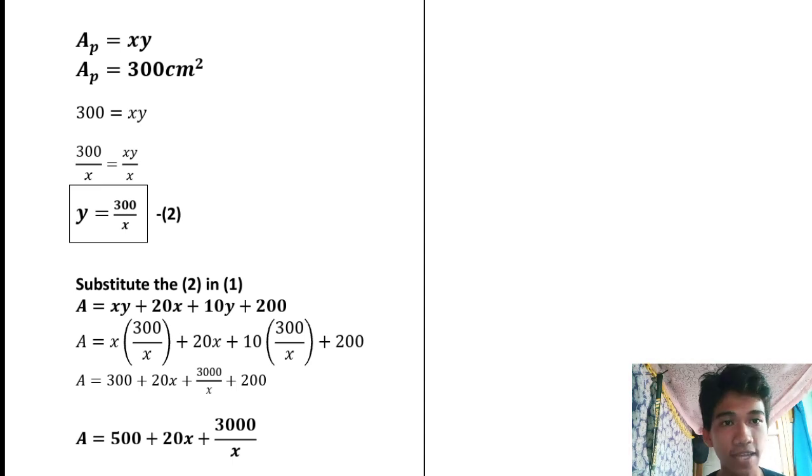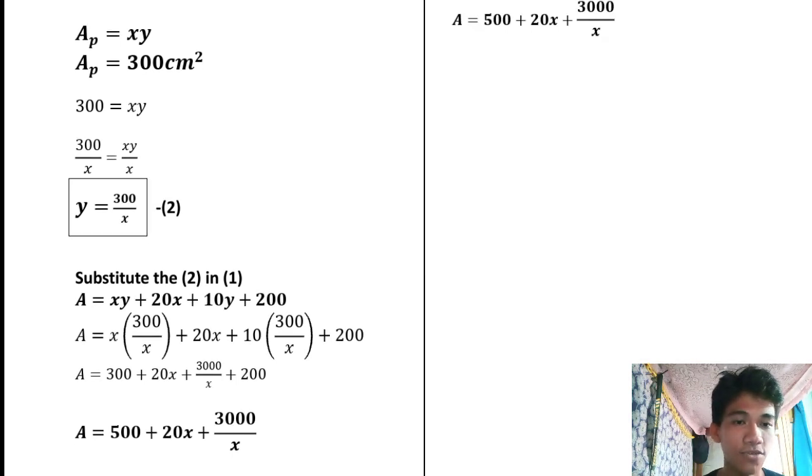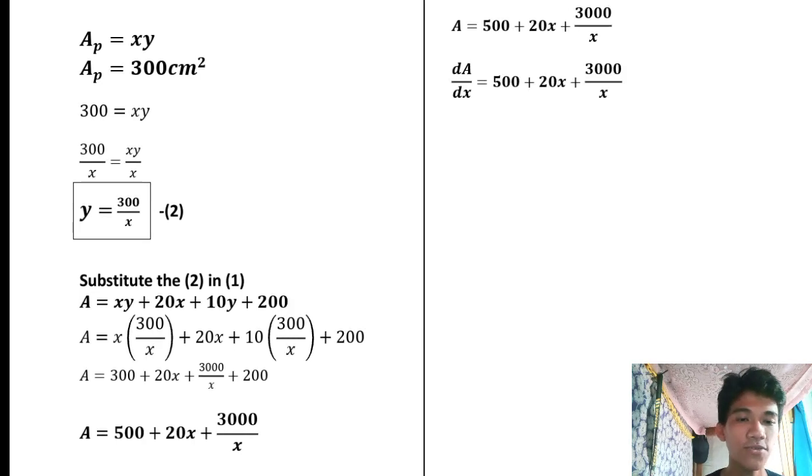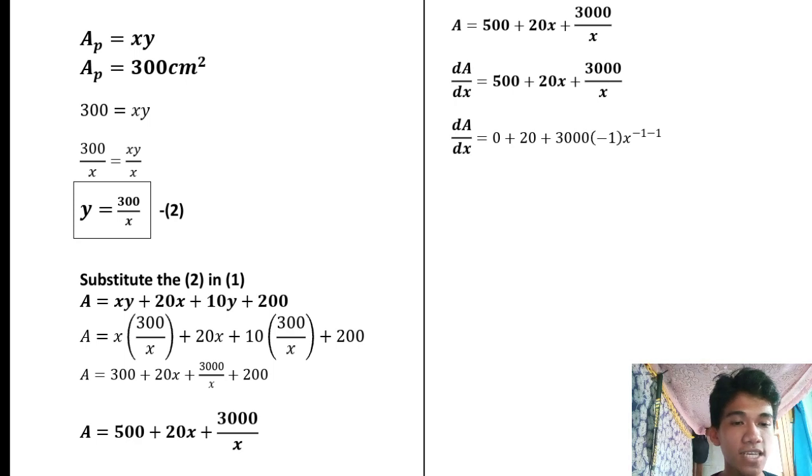After that, we derive this with respect to x. The derivative of A over x, we derive each term. The derivative of 500 is 0, then the derivative of 20x is just 20. For 3000 over x, we use the power rule, where x has an exponent of negative 1.